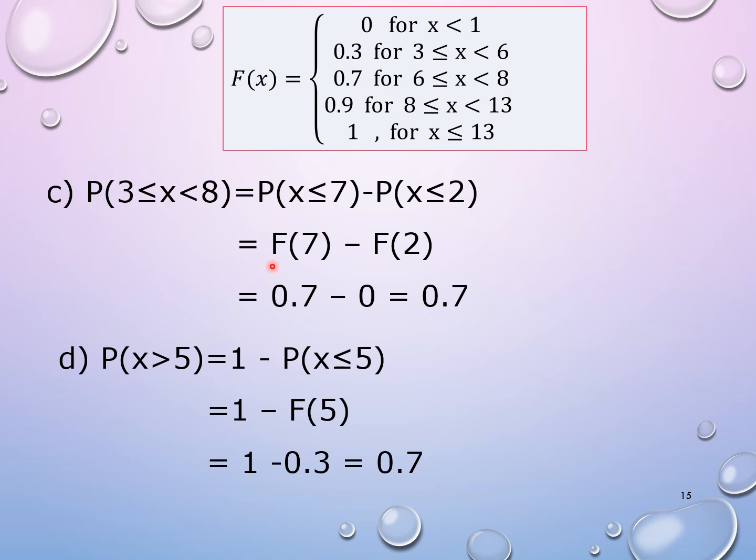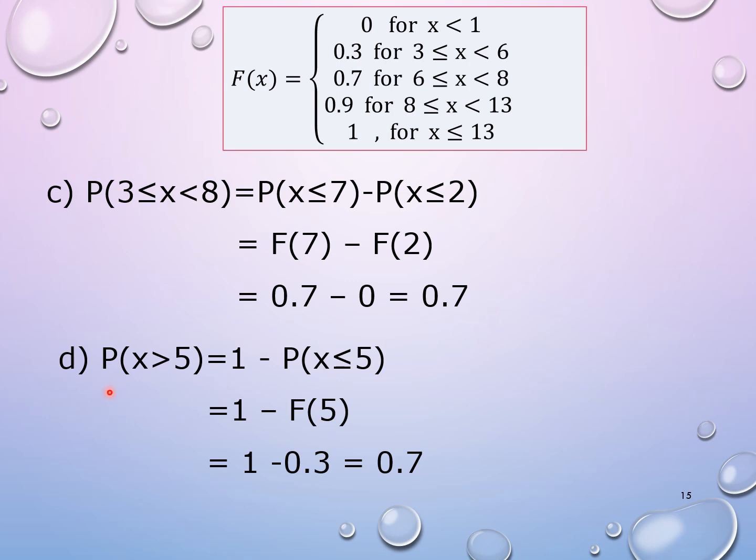So here becomes F7 and this one becomes F2. F7, if you refer to the CDF over here, is in this range, which is 0.7. And F2 is in here, which is 0. So 0.7 minus 0, you get 0.7.